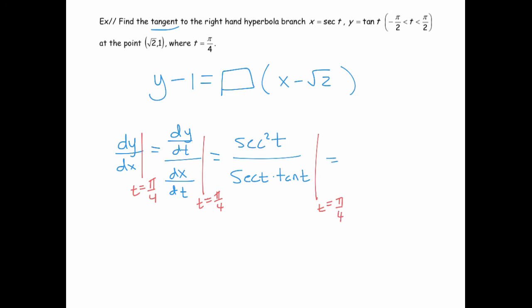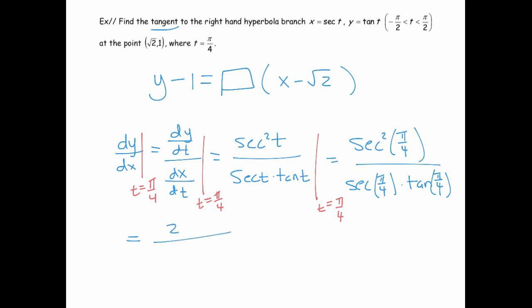So when we evaluate, we have the secant squared of pi over 4 divided by the secant of pi over 4 times the tangent of pi over 4. Now the secant of pi over 4, just a little trig review, is the reciprocal of the cosine of pi over 4, and the cosine of pi over 4 is 1 over root 2. So this is root 2 squared, which is 2.